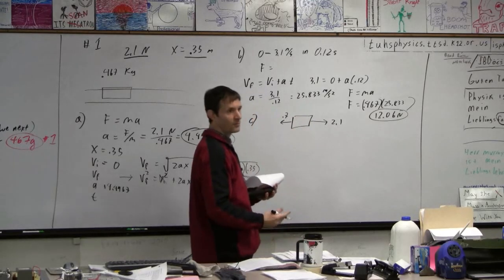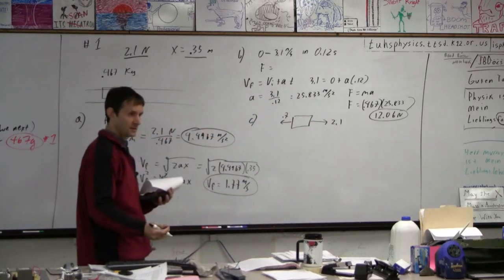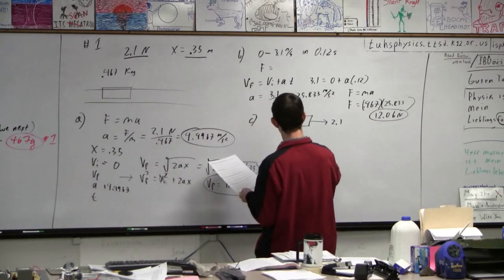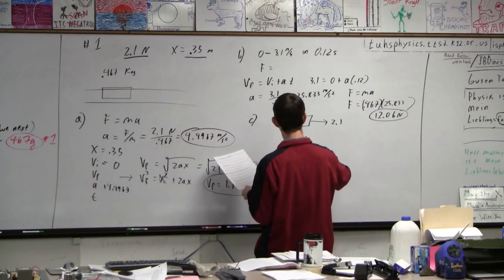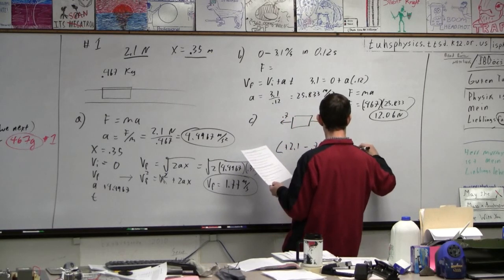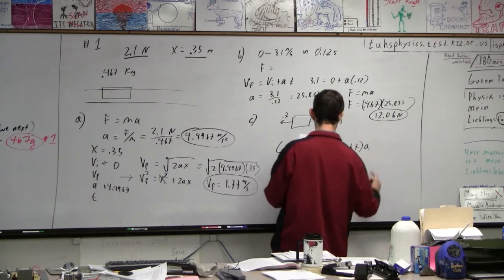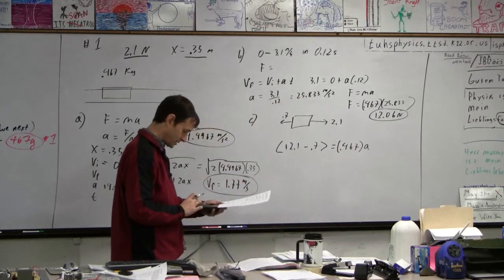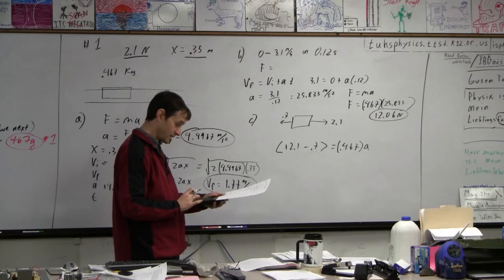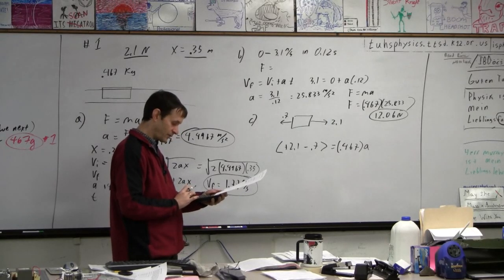It's a subtraction. So we set up F equals ma: positive 2.1 minus 0.7 equals 0.467 a, and now we can find a. 2.1 minus 0.7 is 1.4, divided by 0.467.